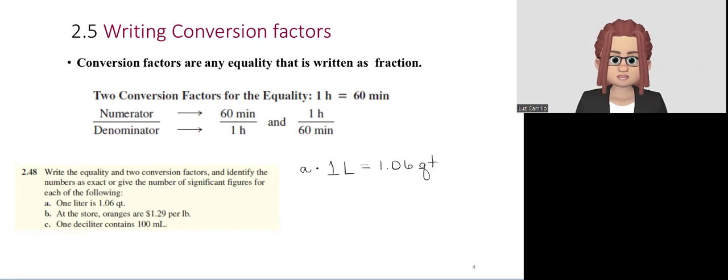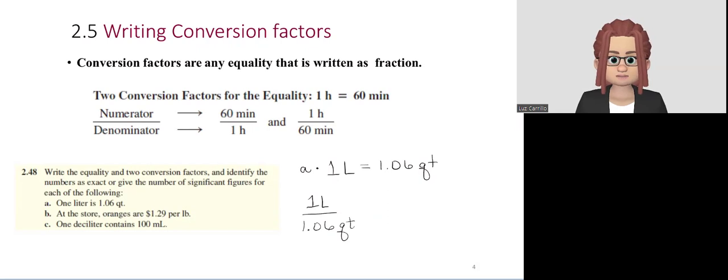Next, we're going to write the two conversion factors that can be derived from this equality. If I place 1 liter on the top, in the bottom, I'm going to put what it equals to. So if I put 1 liter on the top, then I'm going to put 1.06 quarts in the bottom, and vice versa.